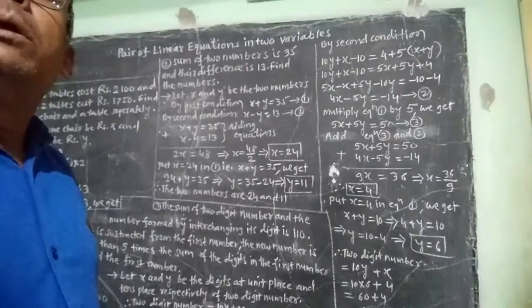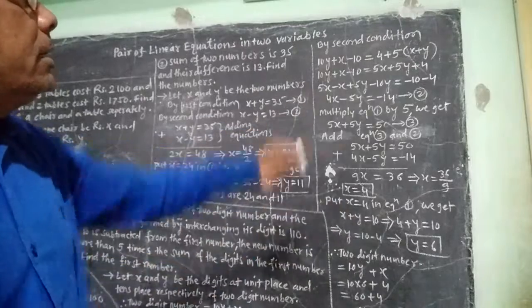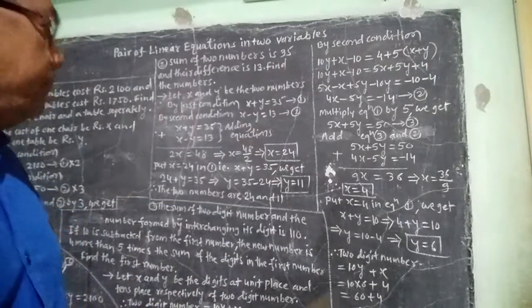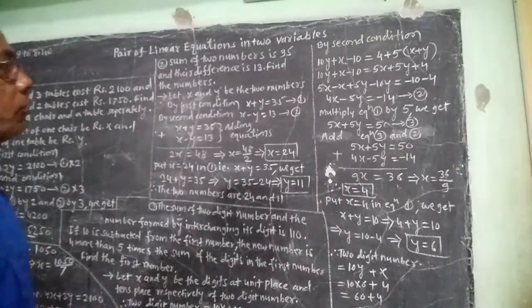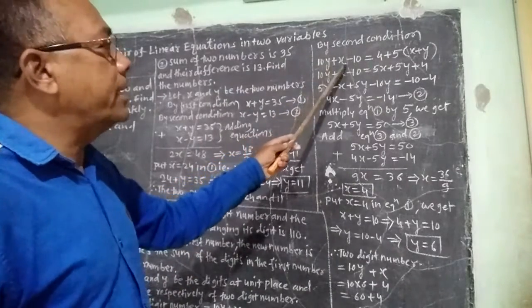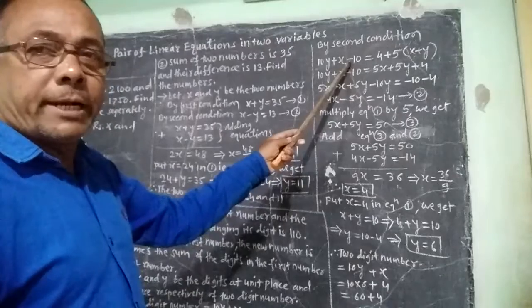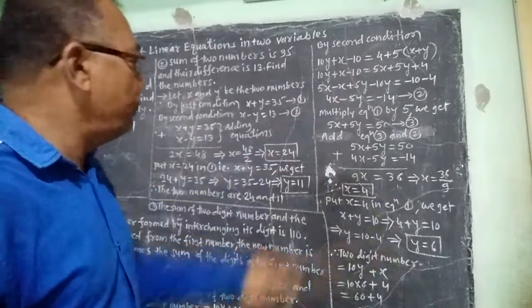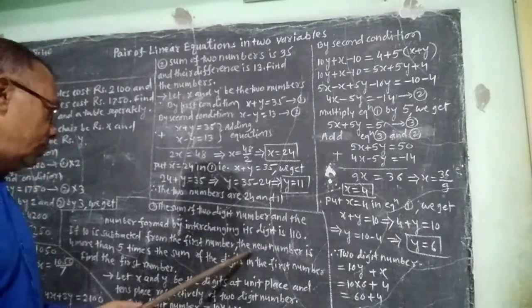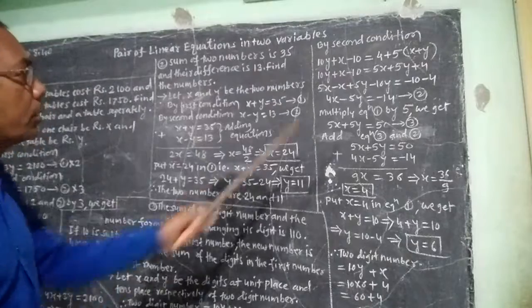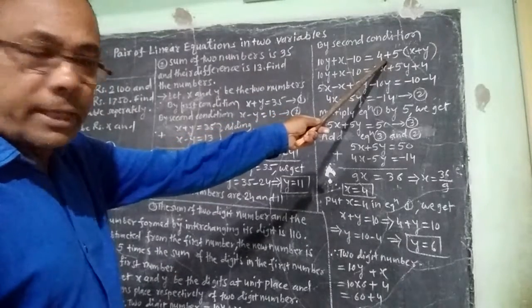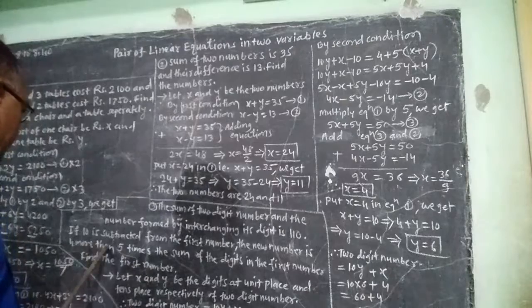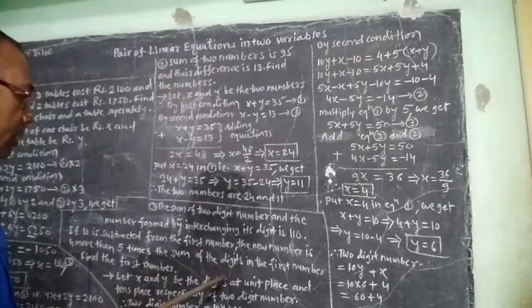Now by the second condition, it is given that if 10 is subtracted from the first number, our first number is 10y plus x, so we subtract 10, then we get the new number, which is 4 more. For more we have to write a plus sign. 4 more than 5 times the sum of the digits.